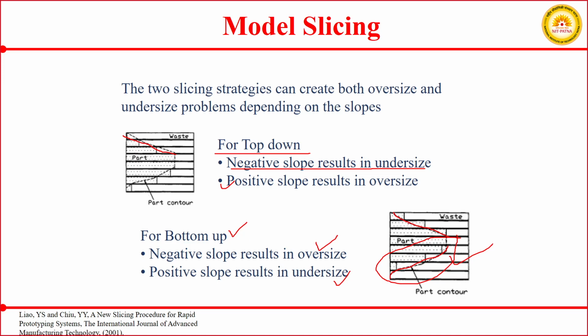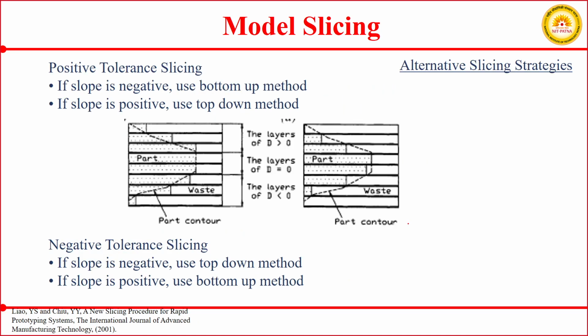So we have to make a balance between these two methods, like where we have to choose the top-down approach, or when we should use the bottom-up approach, depending upon our requirement.